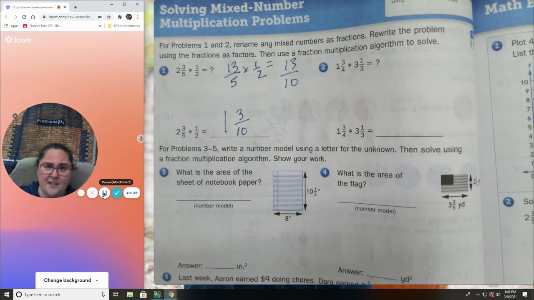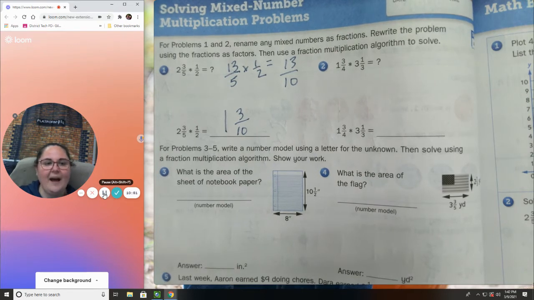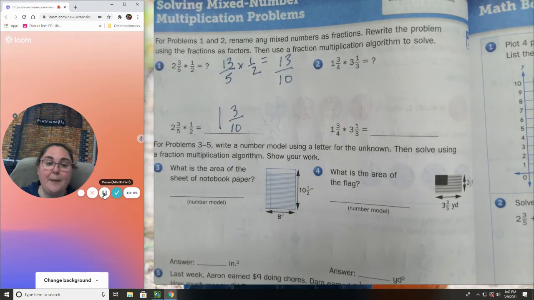Look at how much work is on this problem and how much work was on the area model problem. I think this one's a lot easier. Let's do number 2. So I have 1 3/4 times 3 1/3. Rewrite this problem using improper fractions in order to multiply.